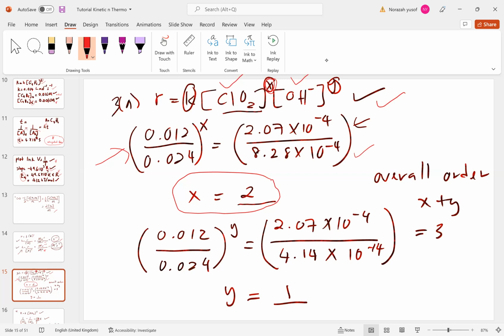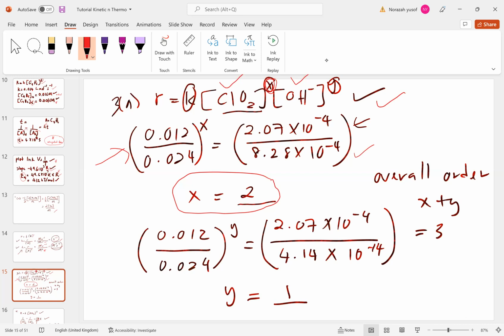Now next, we need to find out about y. y is for OH minus. So for OH minus, experiment 1 and 3 are suitable. Why? Because the concentration of ClO2 is similar. We have to fix one and vary the other.